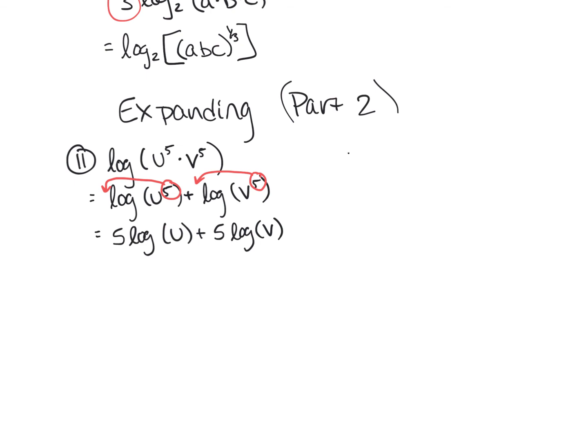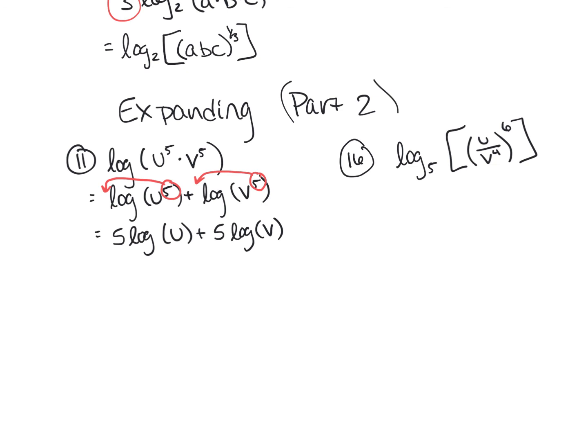Problem number 16 reads log base 5 of the quantity u divided by v to the 4th, all of that to the power of 6. So remember, just because we're using logs doesn't mean we can forget all of our exponent rules.